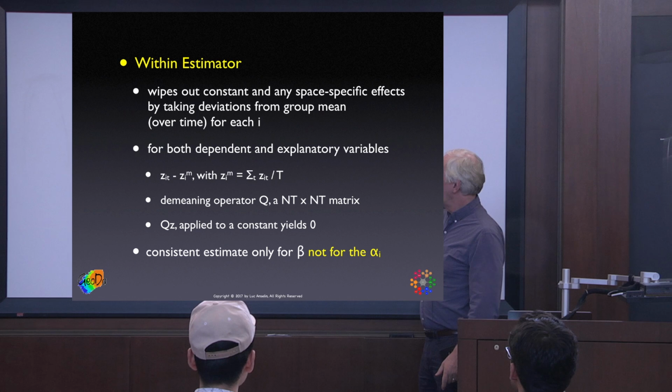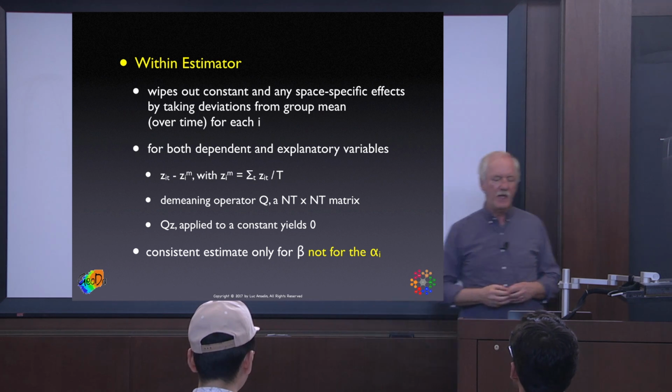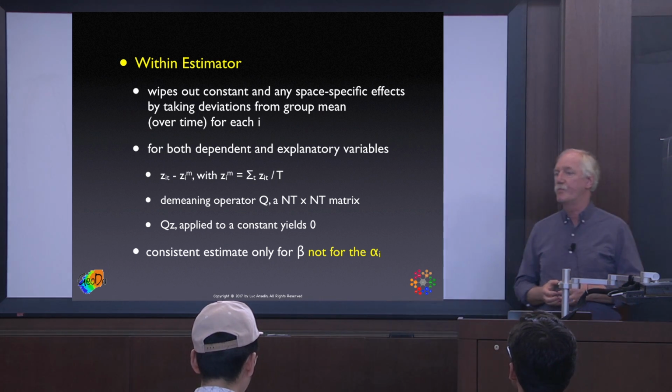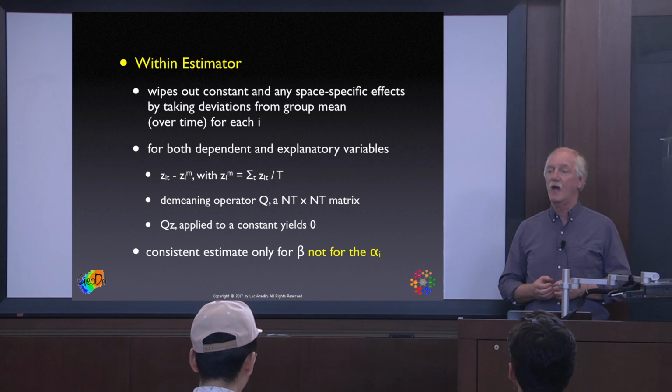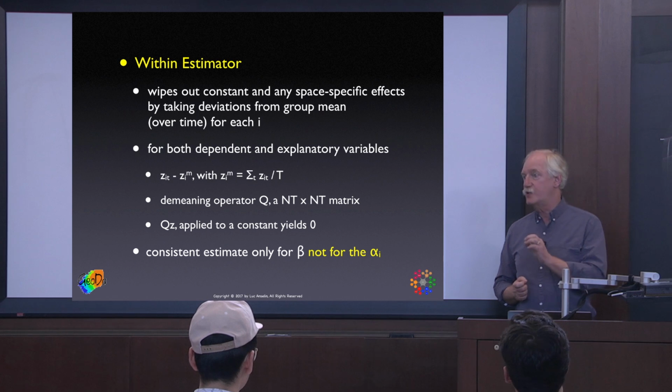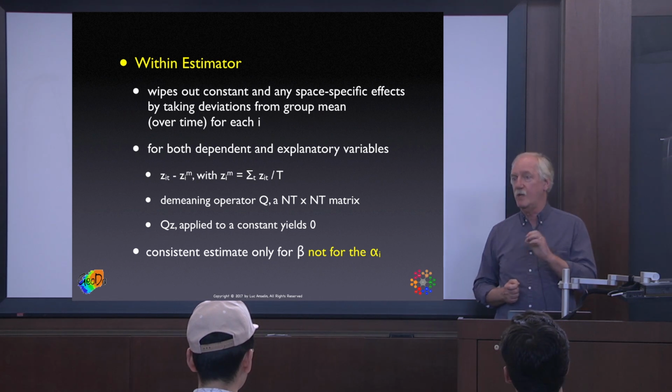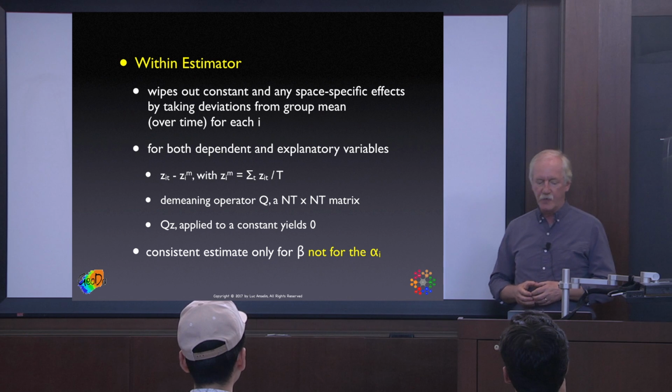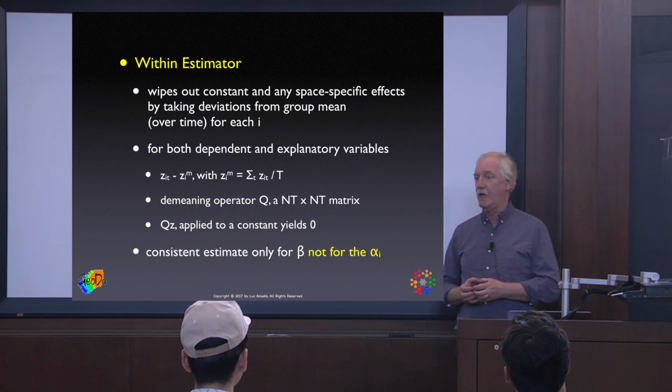Basically, this wipes out anything that is constant over time. So what's left is what actually varies over time, but measured as deviations from its time mean. That doesn't really matter, it's just a scaling thing. It doesn't affect beta at all. Beta is the same.